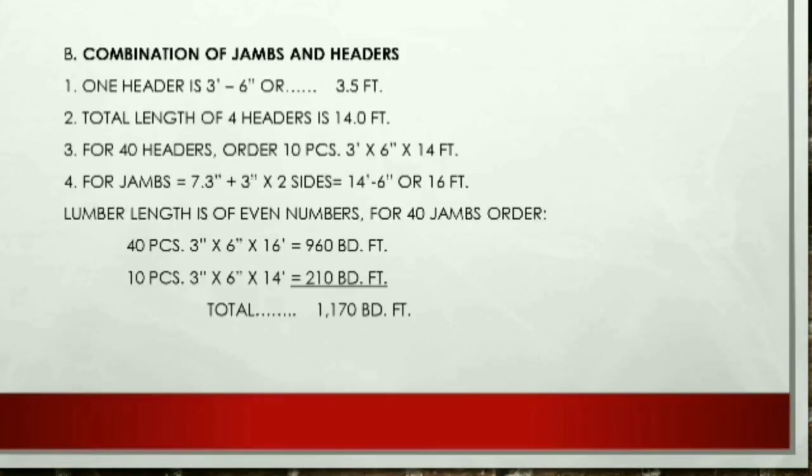In ordering a combination of jambs and headers, one header is 3 feet 6 inches or 3.5 feet. The total length of 4 headers is 14 feet. So for 40 headers, order 10 pieces, 3 by 6 by 14. And for jambs, 7.3 plus 3 inches times 2 because there are two sides.